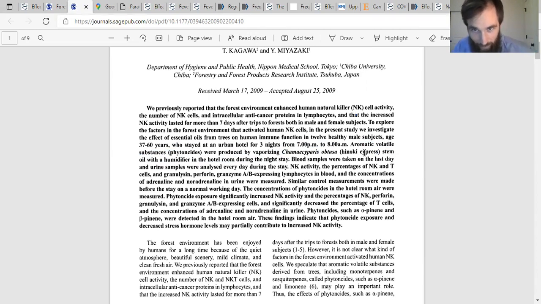And similar to the prior studies, blood samples were taken before, and blood samples were taken on the last day. They also did urine samples. Same thing, the exposure significantly increased natural killer cell activity and the percentage of natural killer cells, and all four of these other activating enzymes.